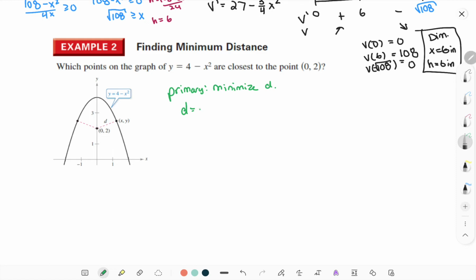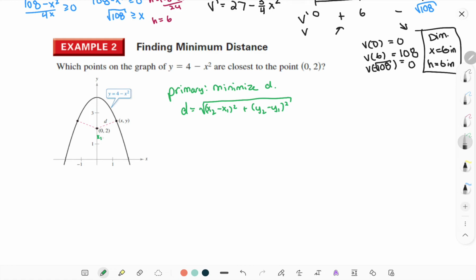If I want to find the distance between 2 points, it's x2 minus x1 squared plus y2 minus y1 squared, right? And that comes from Pythagorean triangle, rise over run, those kinds of ideas. And so here I know some of those. I have x and y.